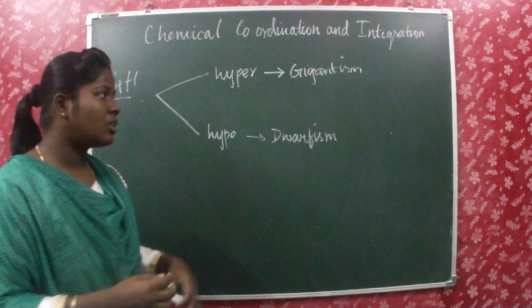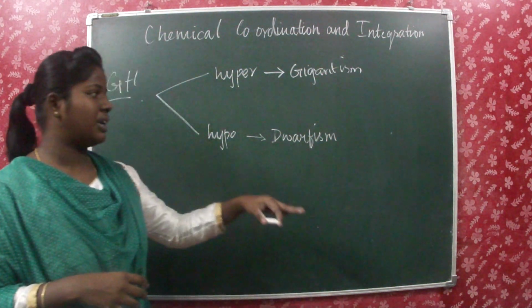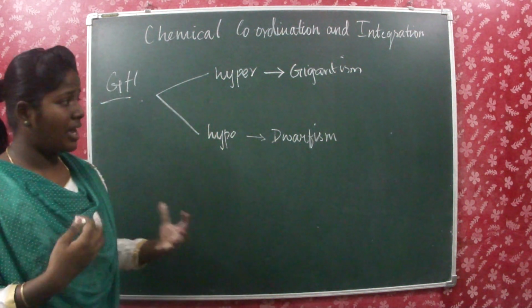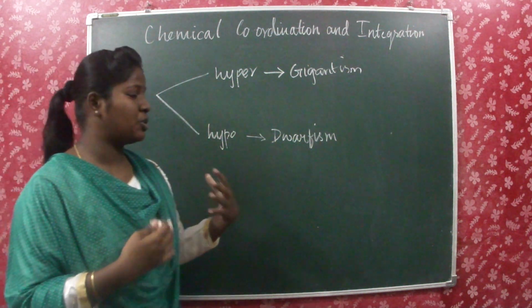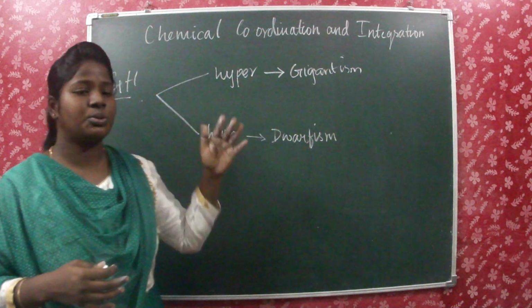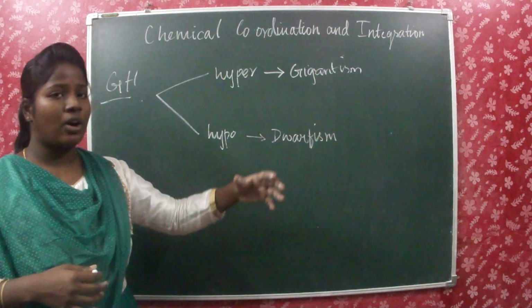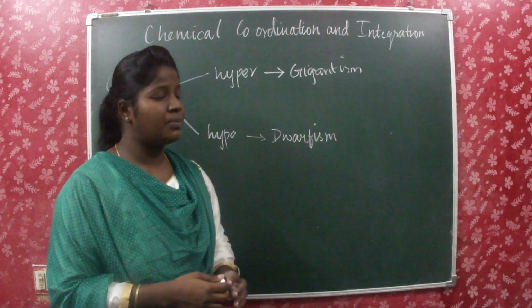They do not grow after a certain height or period of time. Their facial features change to those of a mature person, but their height does not change. So they remain short, whereas in gigantism they remain very tall but with normal body proportion.